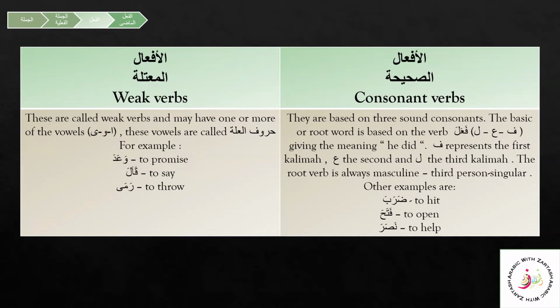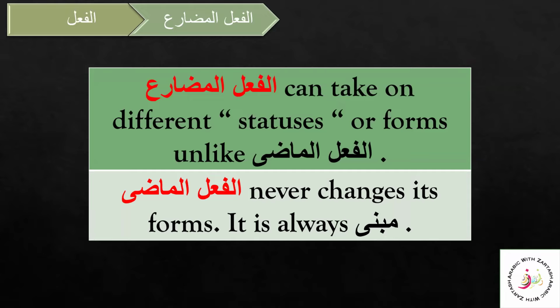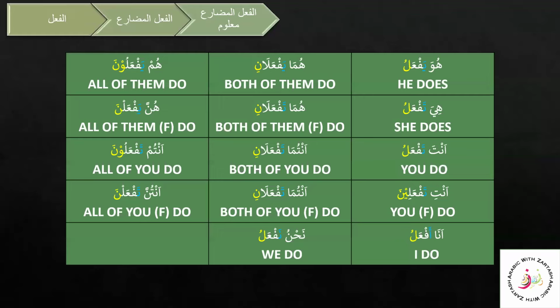And again, we know that fi'l mudari can have different states while fi'l madi is always mabni. Remember these two main important points because we are starting with the i'rab for fi'l mudari and fi'l madi in detail. When we are going to write the i'rab, fi'l madi will remain always mabni, while fi'l mudari can have three states: marfu, mansoob, and majzoom.